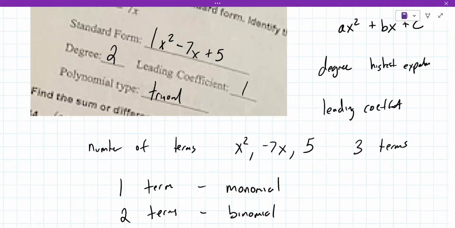I'd like you to try 43 on your own and let me know the degree, the leading coefficient, and the polynomial type.